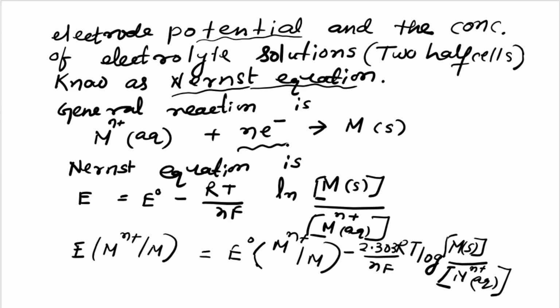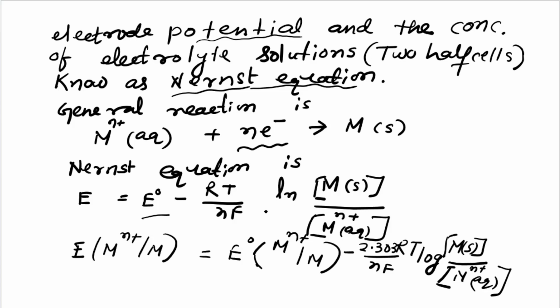Now the equation: E here means the electrode potential of the half cell, which is equal to E0, the standard electrode potential, minus RT by nF, where R is the gas constant and n is the number of electrons involved.